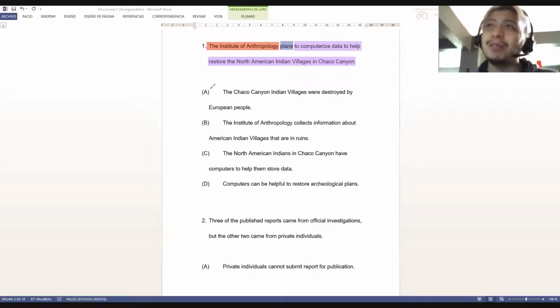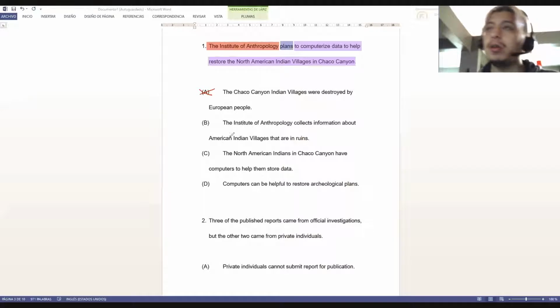So we cannot really confidently say that Europeans destroyed the villages. It's possible. They are not saying that it didn't happen like that, but we cannot make that assumption. It says that they want to restore the North American Indian villages, but it doesn't say who destroyed them. So we cannot infer that.